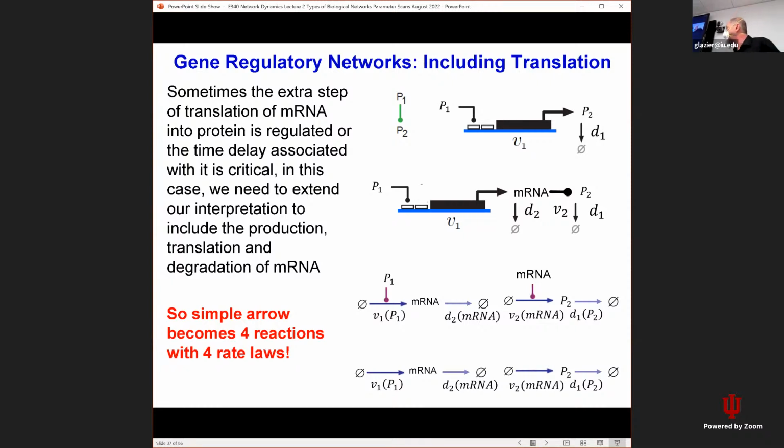P1 goes to P2, and that actually turns into the four reactions here. Nothing goes to messenger RNA at a rate that depends on P1. The messenger RNA has a lifetime of its own. The messenger RNA promotes the production of P2 through translation, and the protein itself, P2, gets broken down.